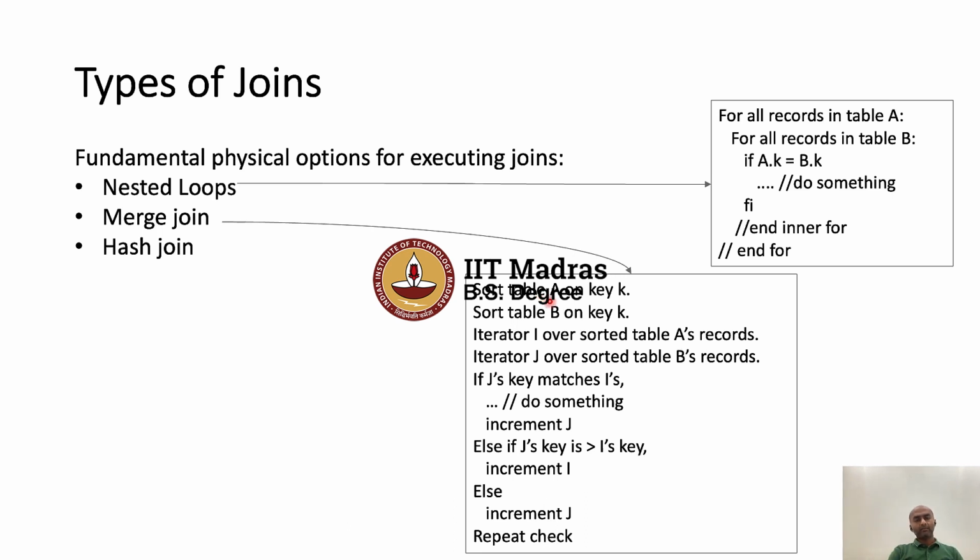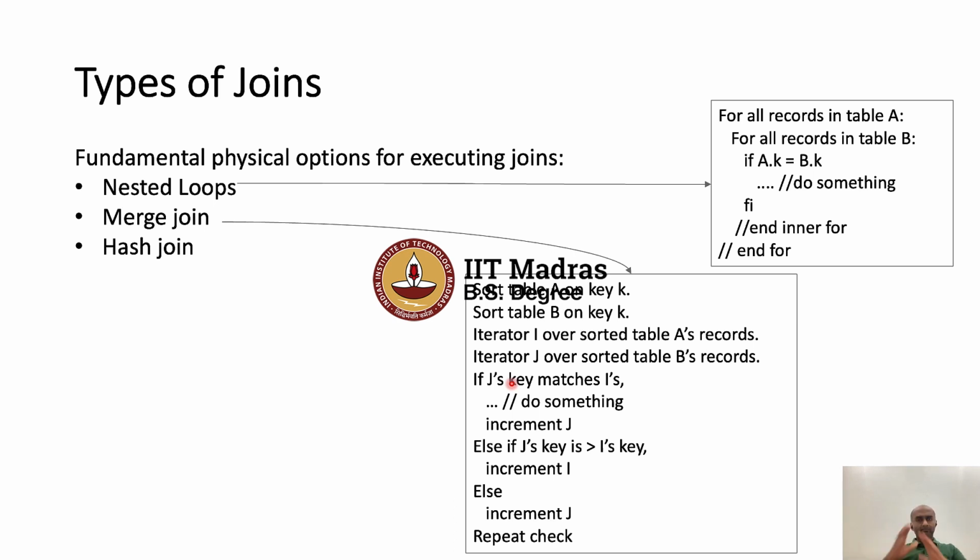And once you sort the tables respectively, then you pick up an iterator over the sorted table records of each. So in this case, iterator I over sorted table A's records, iterator J over table B's records, and then you look at whether the keys match. Because the keys are drawn from the same domain, you would expect the values to match or not match, or be greater or be lesser.